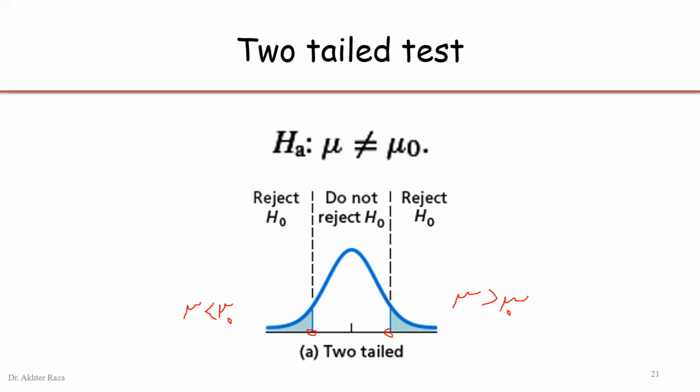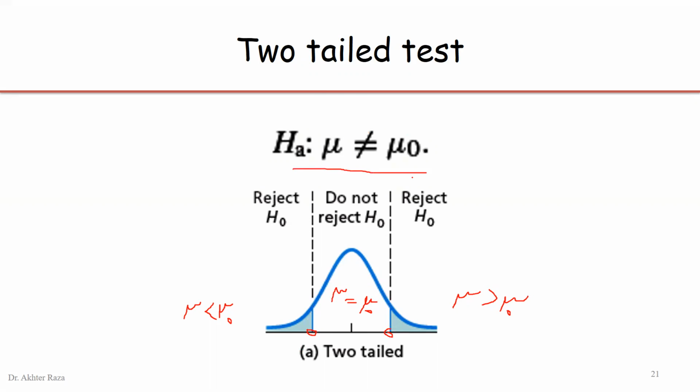If the value of the Z statistic, or the value of any test statistic, falls in between A and B, our decision will be mu and mu naught are the same. This is your null hypothesis. This is our alternate hypothesis.